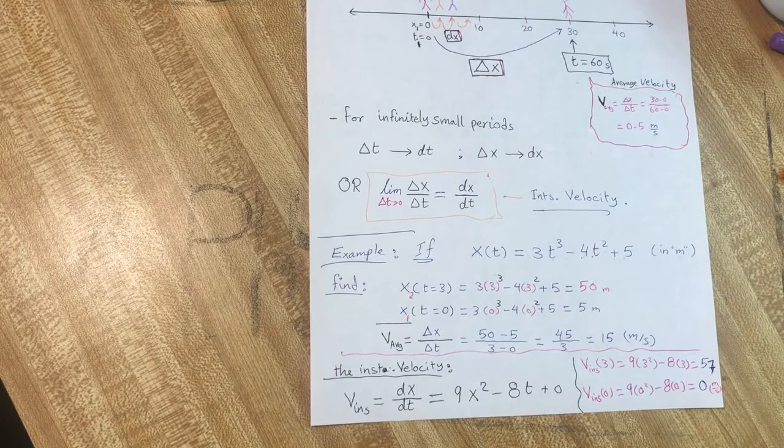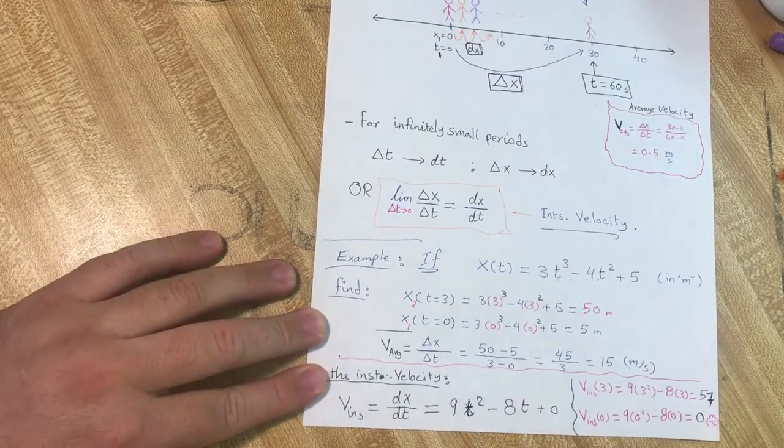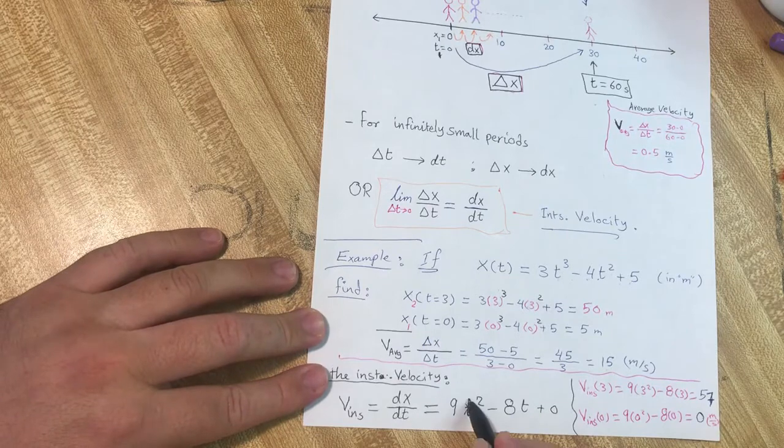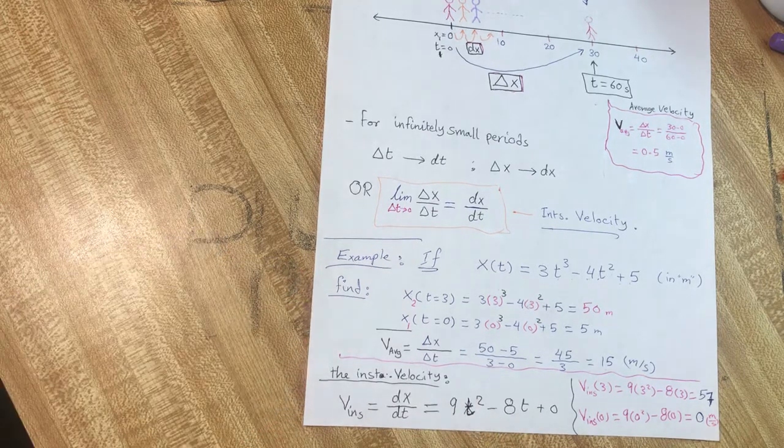Just a typo here: it is 9t squared minus 8t plus 0.